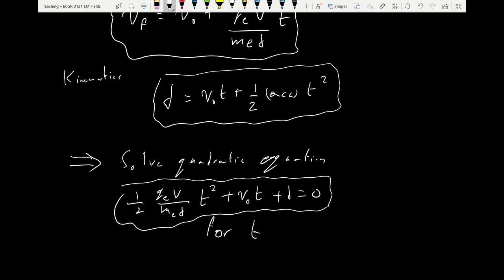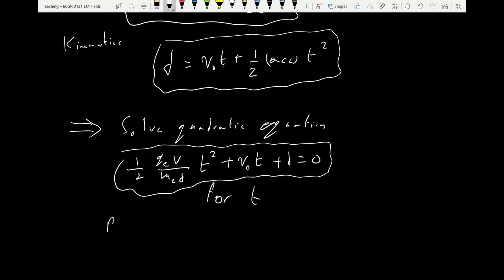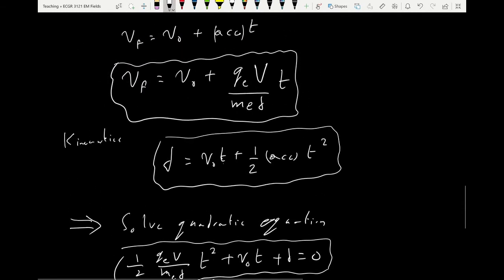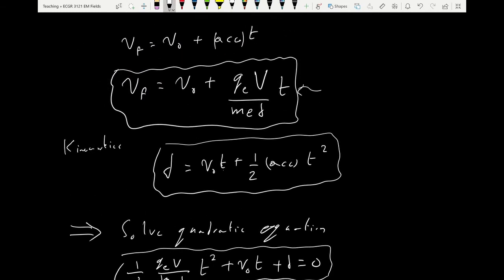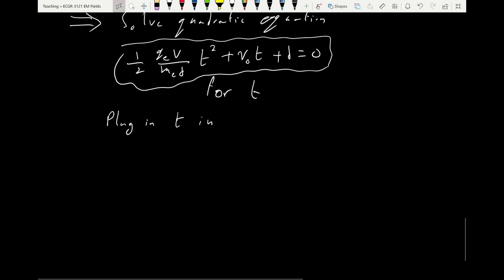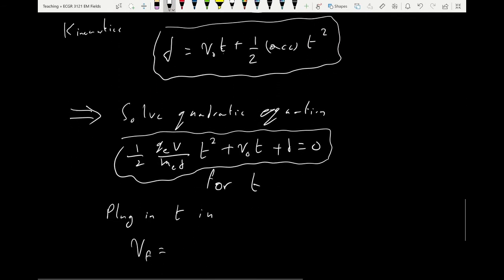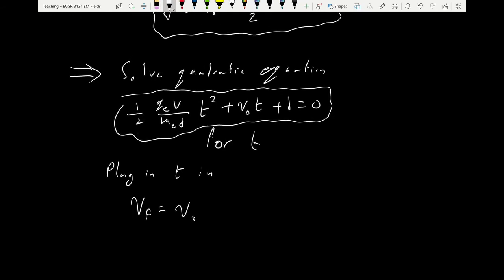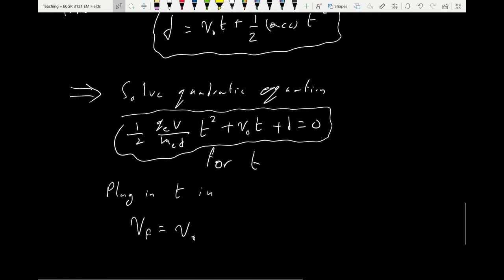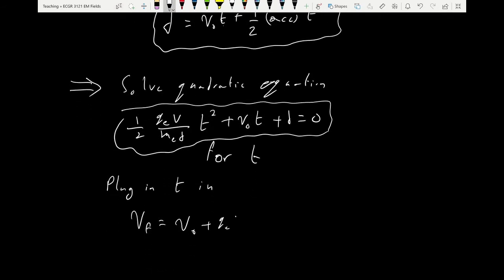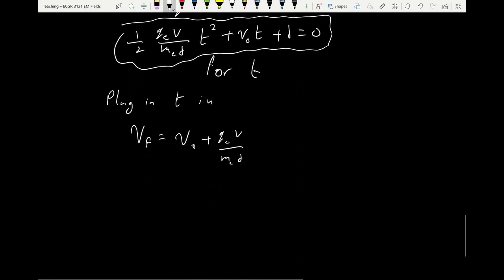We're solving for t. After we solve for t, we plug t in here to find the final velocity. So vF is going to be v0 plus q_e V over m_e d times t.